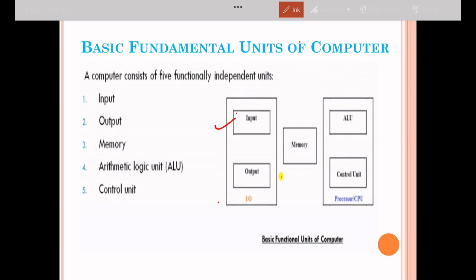A computer processes data through 5 main hardware components. This is 1, this is 2, this is 3, 4 and 5.